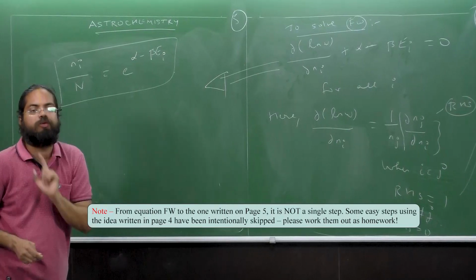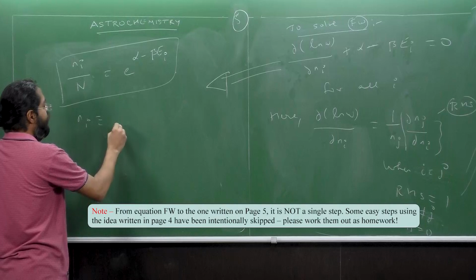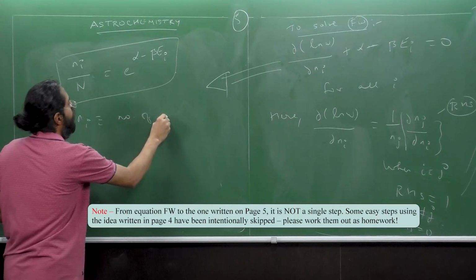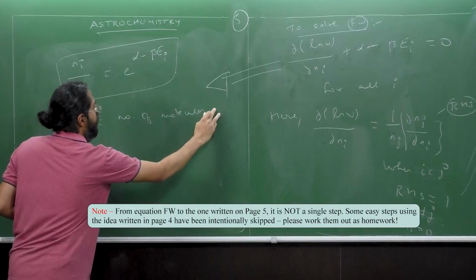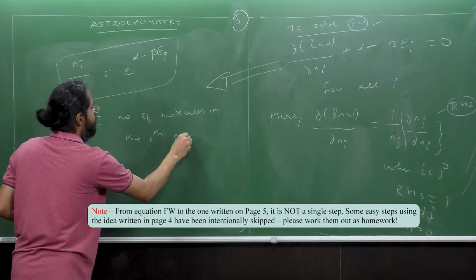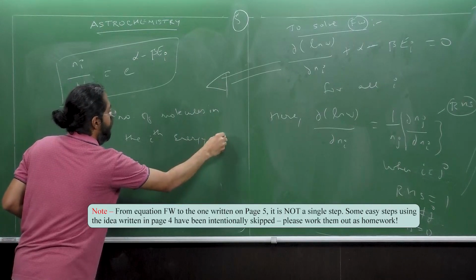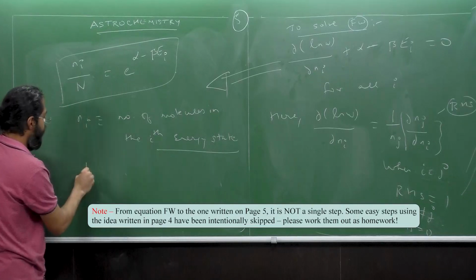Now already what have you obtained? Notice it. What is Ni? Recall that Ni is the number of molecules in the ith energy state. And what is N?